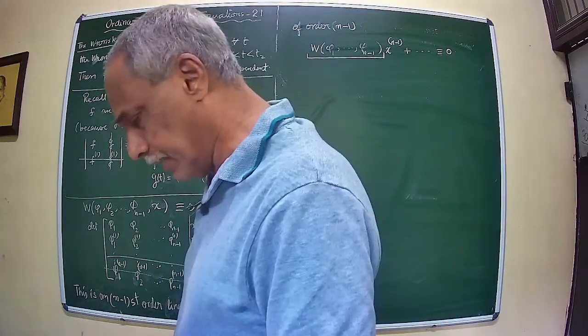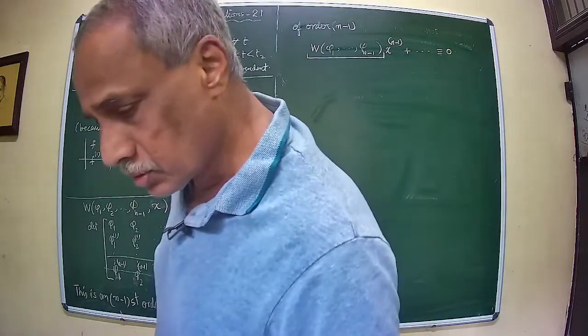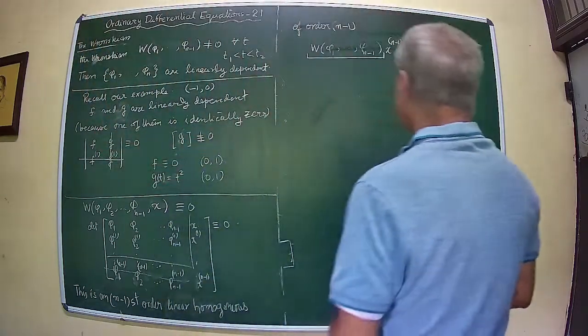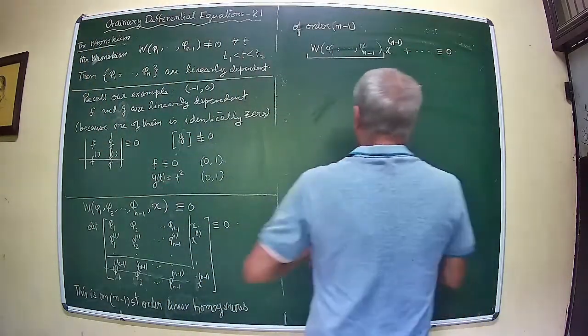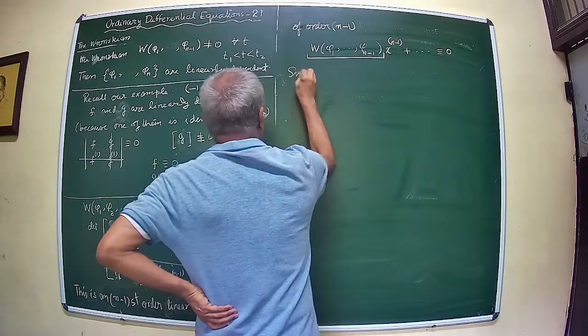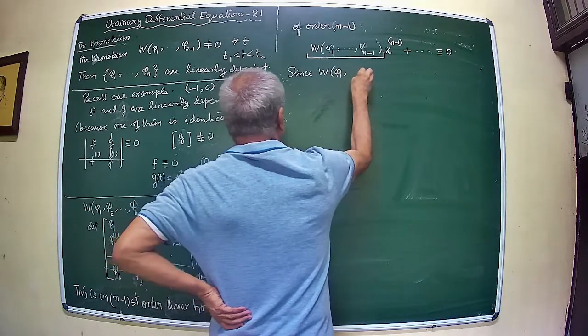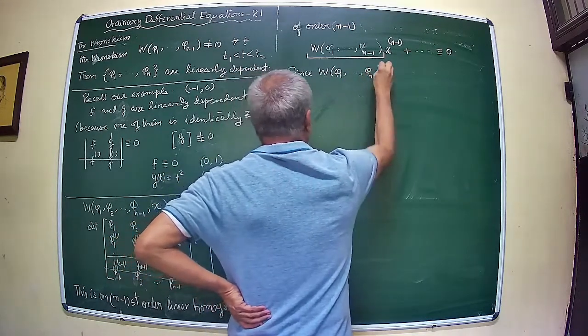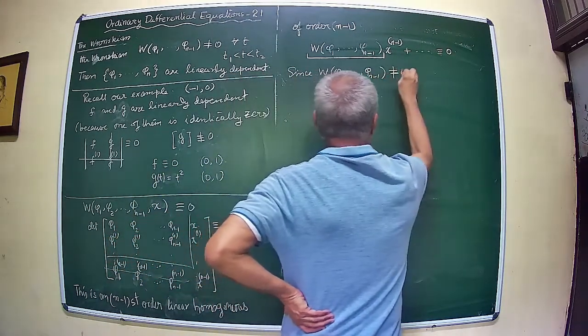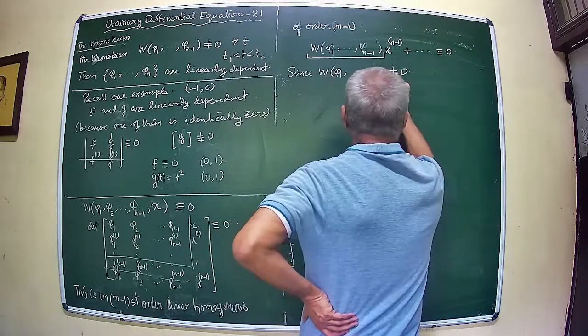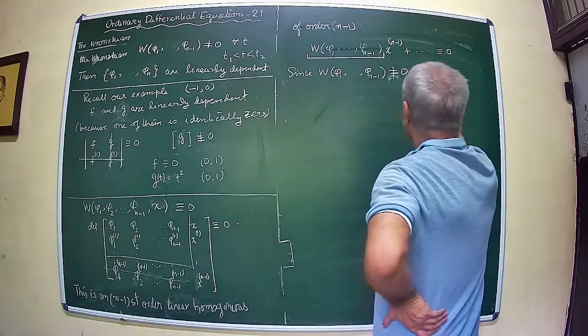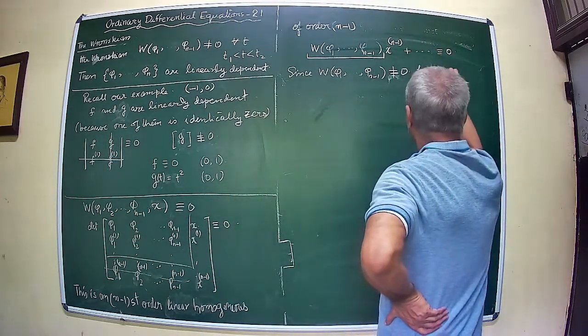If you divide by that, you see you get a coefficient which is not equal to 0 for any t.